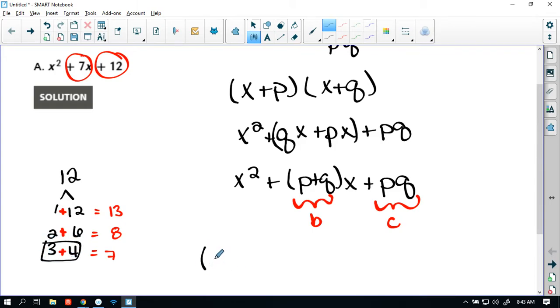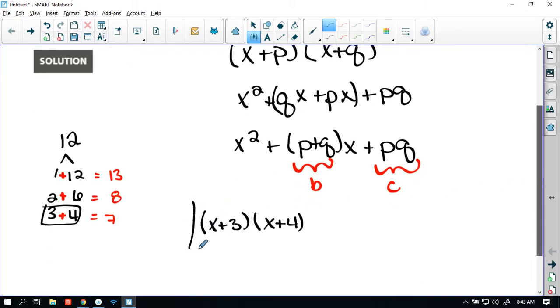So my factors for this are x plus 3 times x plus 4. And now we have factored this expression. So I'm just going to box this. In my last video, I used stars. It was beautiful. But since I have to remake this, I'm just going to box it with a black marker.